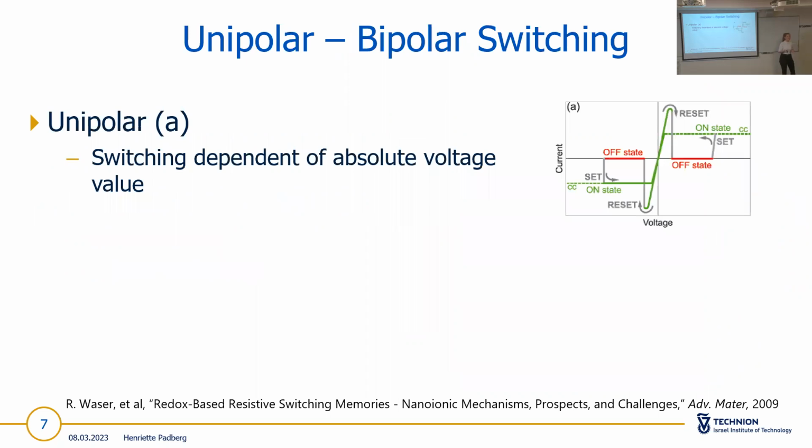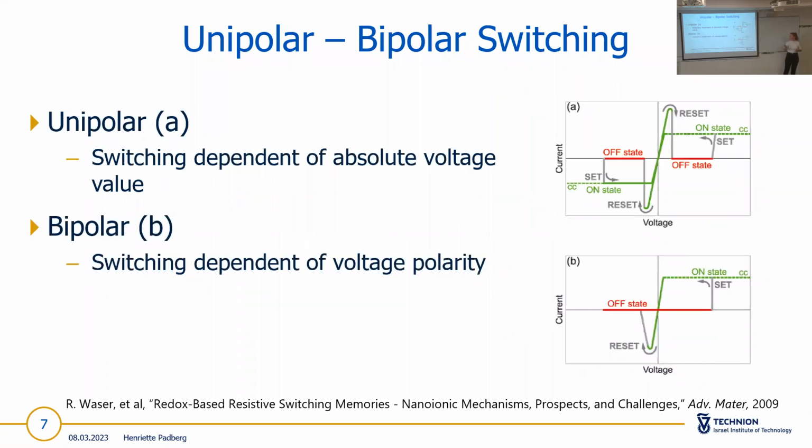So what does it mean, bipolar switching? We can distinguish between unipolar and bipolar switching, and here the characteristic of unipolar switching is shown. The switching is dependent on the absolute value of the voltage. So we can see that on both voltage sides, we have the same process happening: at low voltage, always a reset, and at high voltages, always a set process.